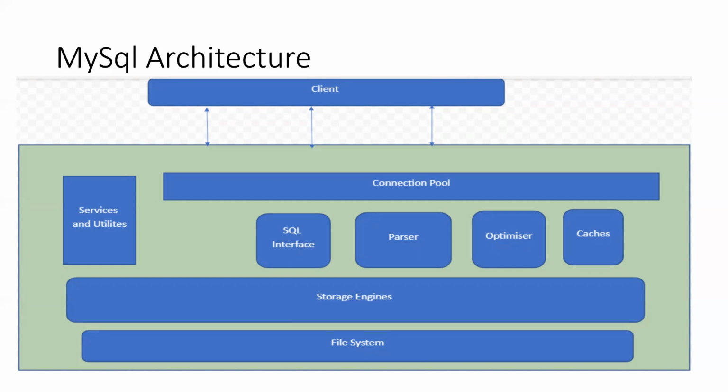Coming to connection handling, when a client connects to the server, the client gets its own thread for its connection. All the queries from the client are executed within that thread. And the thread is cached by the server, so they don't need to be created and destroyed for each new connection. You can use the same thread.